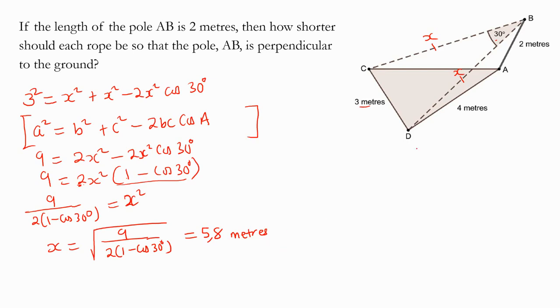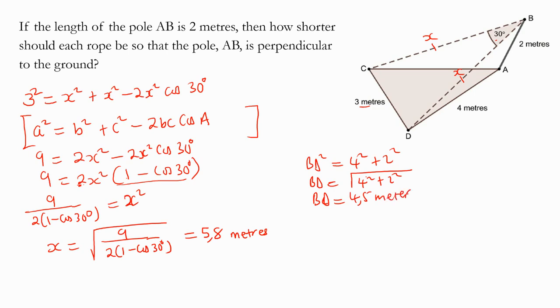And then remember how we got the length of the rope if the pole is perpendicular to the ground. We just said BD squared is equal to 4 squared plus 2 squared. Then BD is equal to the square root of 4 squared plus 2 squared, so BD is equal to 4,5 meters.